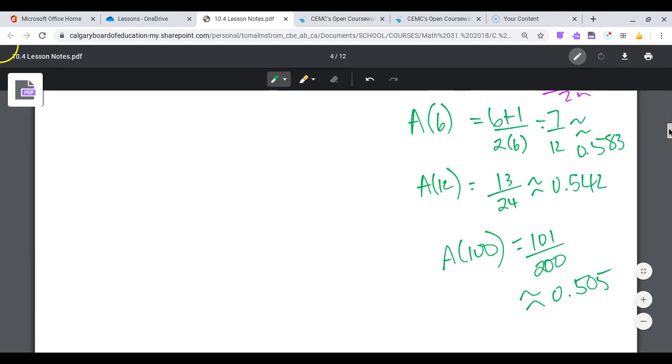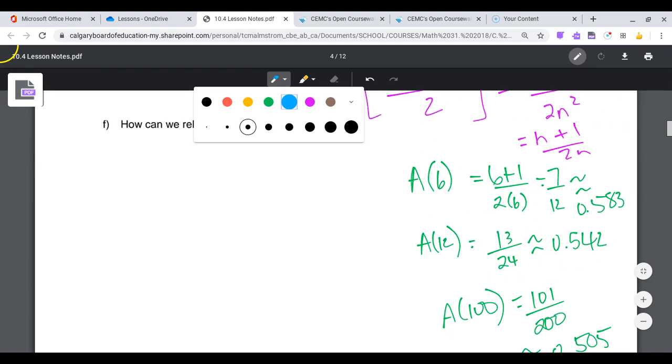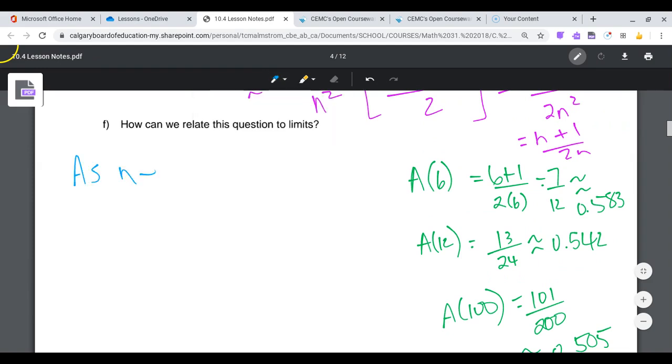So what happens here when we try to relate this to limits, and yes, limits didn't go away, as n goes to infinity, so as the number of our rectangles approaches infinity, then the width of those rectangles, the change in x of our rectangles, which is 1 over n, is going to approach 0.